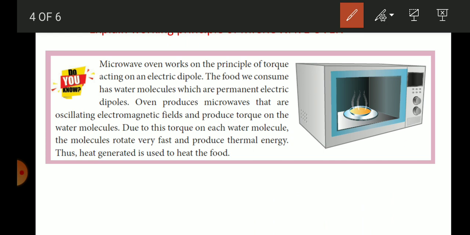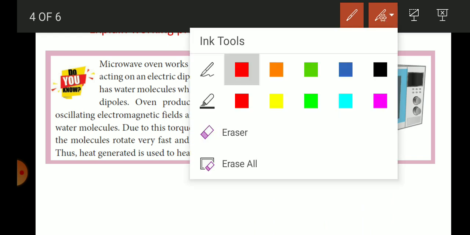That heat energy, thermal energy, is used to cook the food. Due to this torque on each water molecule, the water molecule rotates very fast and produces thermal energy. This is used to cook the food in a faster time. Okay, this is how the microwave oven works.